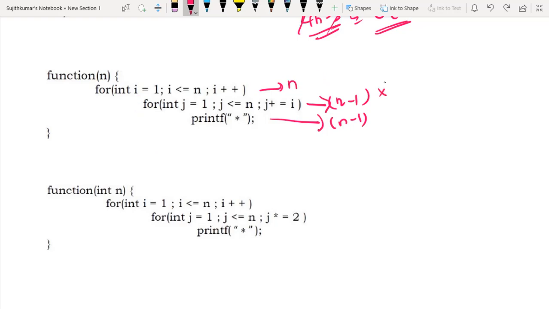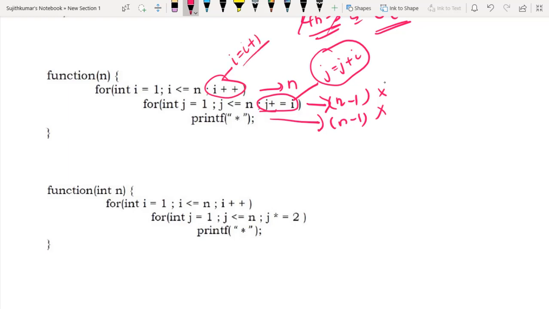Now you consider the inner loop. This is j equals 1, j less than or equal to n, j plus equals i, which means that j equals j plus i. So it is not j plus 1. If I say i plus plus, it means that i equals i plus 1. But here j plus equals i, which means j equals j plus i.